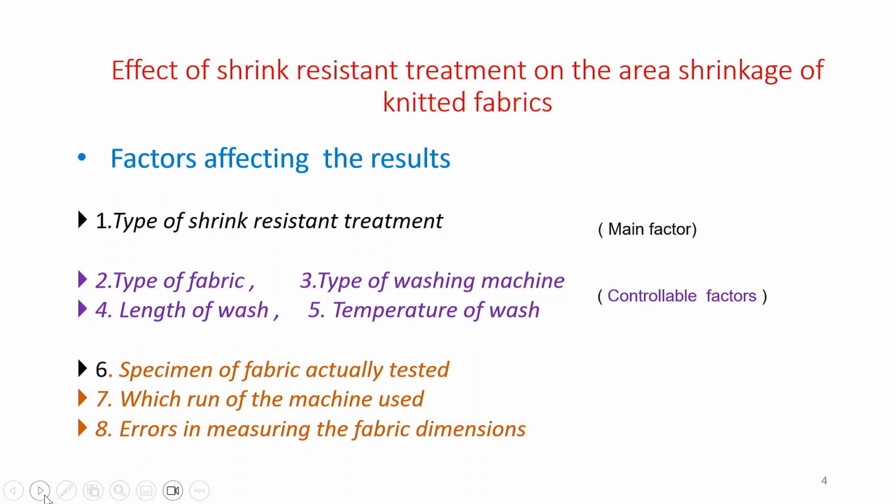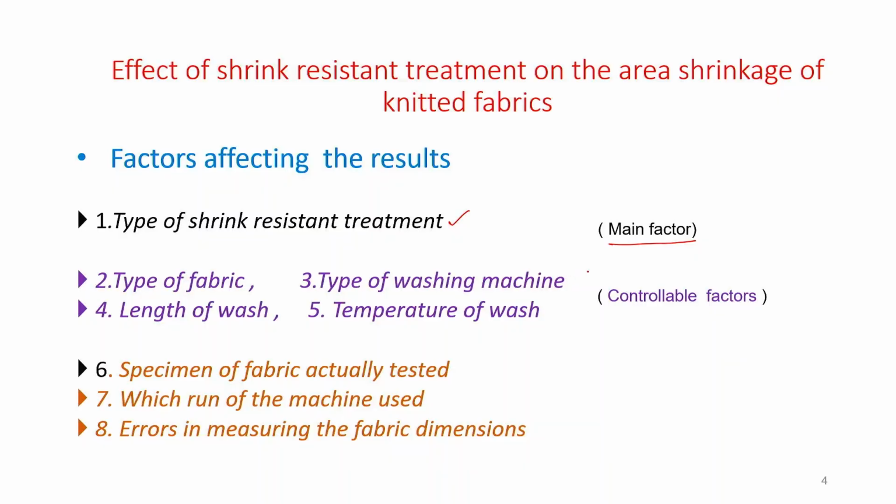Our aim was to study the effect of shrink resistant treatment. So that we call the main factor. That is the main factor which is supposed to affect the results. The rest of the factors 2, 3, 4, 5 are known as controllable factors because these factors are within our control.